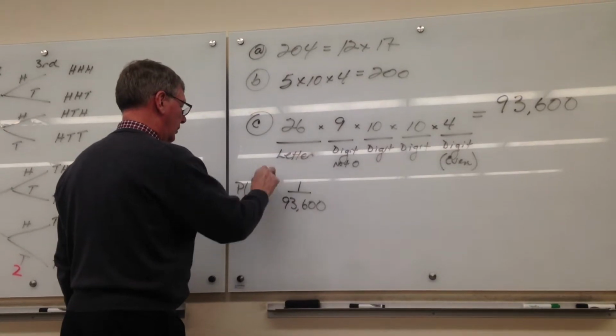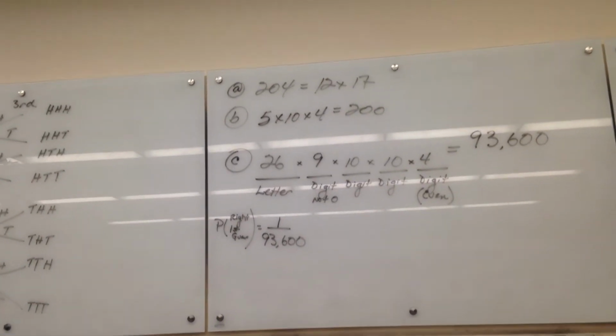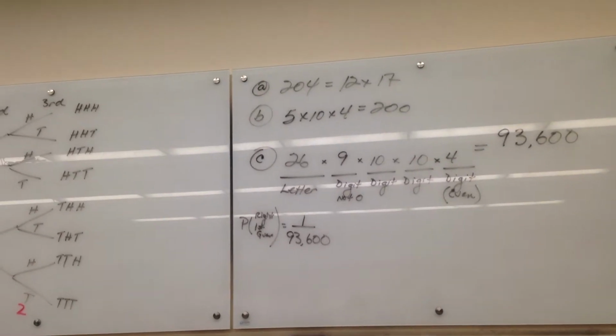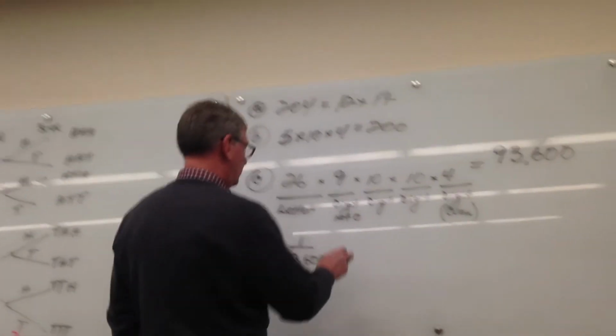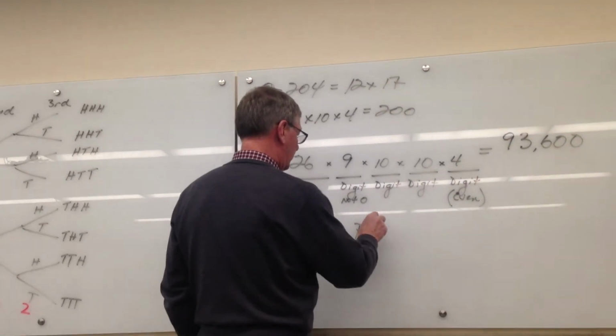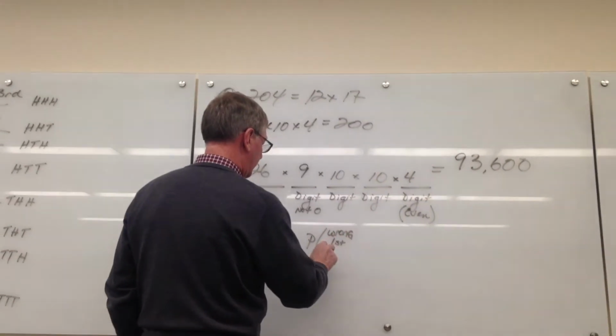Everybody see that? That's why a lot of people don't win the lotto, right? I mean, that's why it's hard. What's the probability of getting it wrong or incorrect? Probability wrong on first guess.